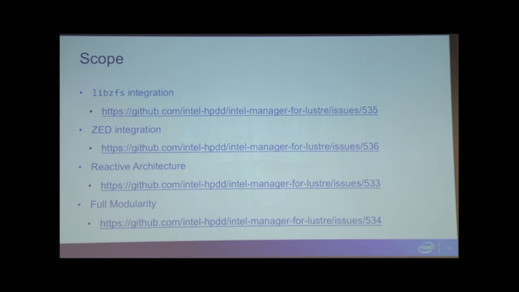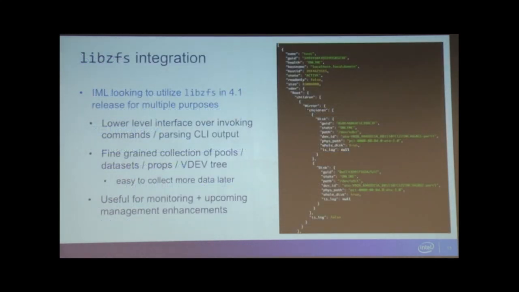I've included the tracking issues for each of those as well in case you are interested in checking in on their status and just high-level descriptions of them. The first enhancement is LibZFS integration.